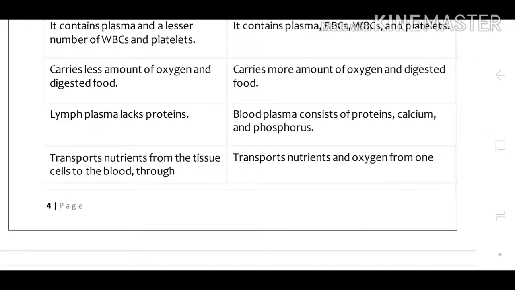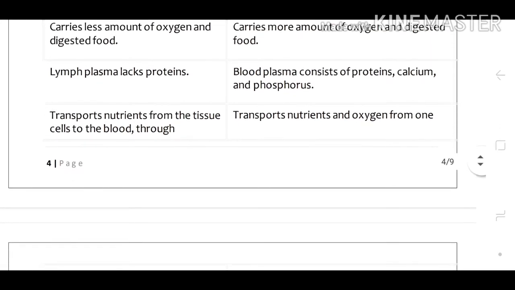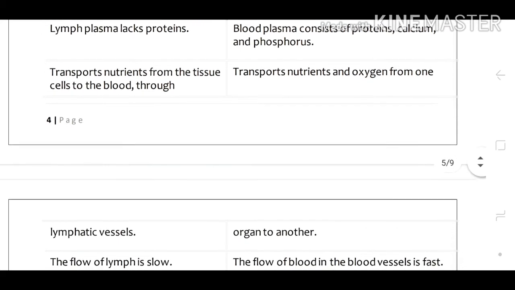Lymph plasma lacks proteins. Blood plasma consists of proteins, calcium and phosphorus. Lymph transports nutrients from tissue cells to the blood through lymphatic vessels. Blood transports nutrients and oxygen from one organ to another.